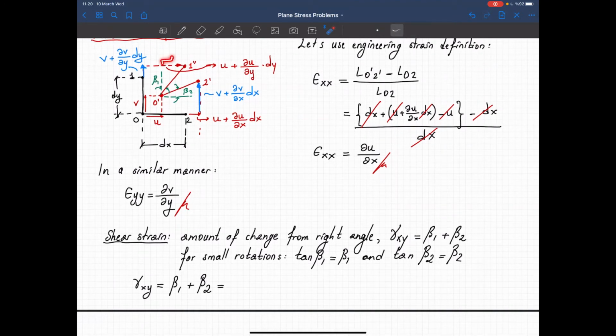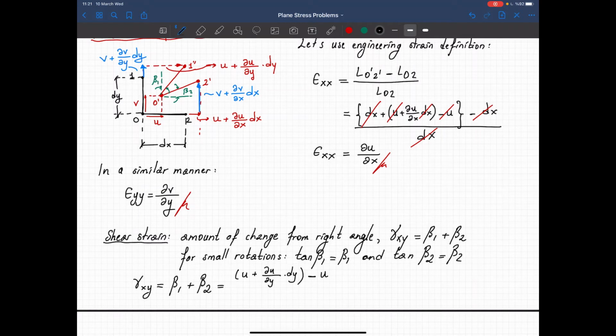It is this distance divided by initial length dy. So that distance is equal to u plus del u over del y dy minus u.